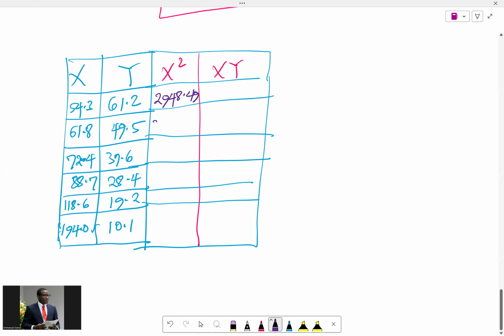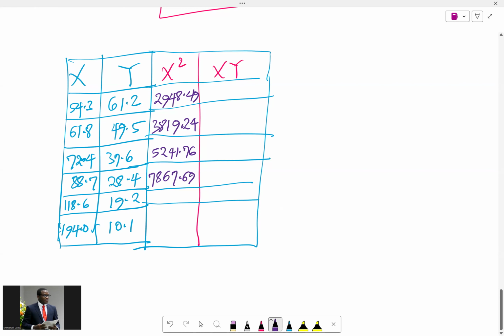That is 3819.24. Then we have 72.4 raised to power 2. That is 5241.76. Then we have 88.7 raised to power 2. That is 7867.69.